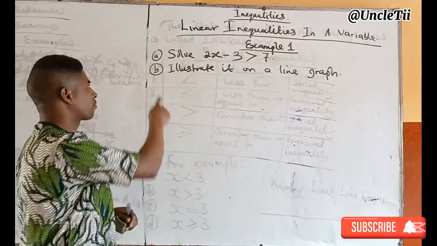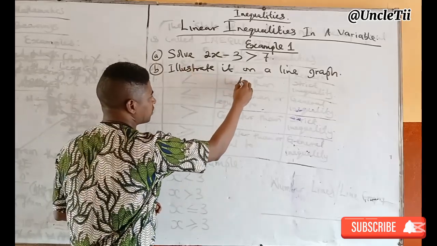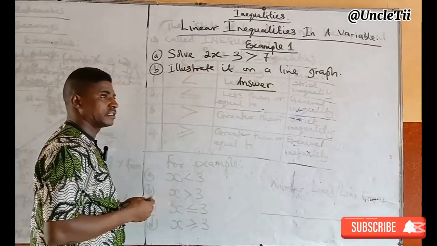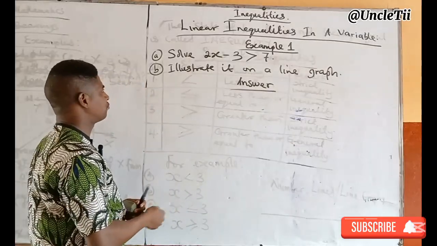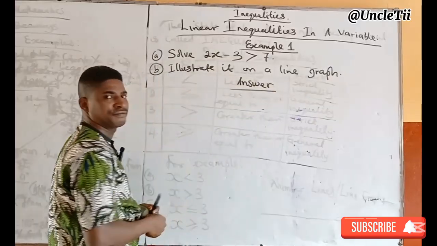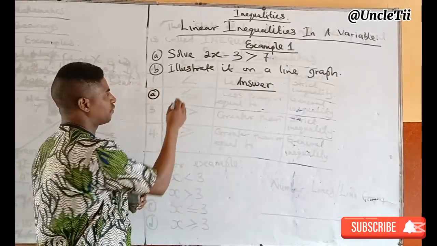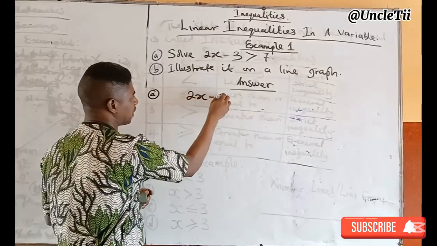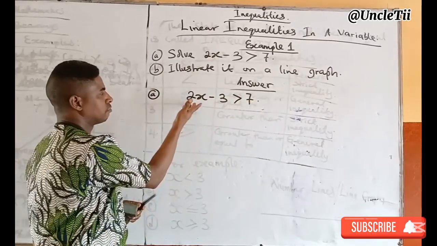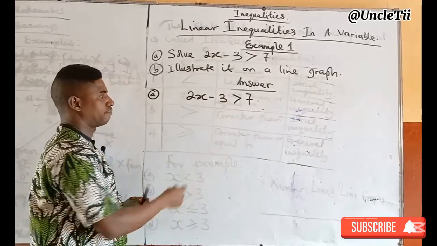Example 1. A. Solve 2x minus 3 greater than 7. B. Illustrate it on a line graph. The first question is to solve it. 2x minus 3 greater than 7. The first algebraic process to apply is to collect like terms.